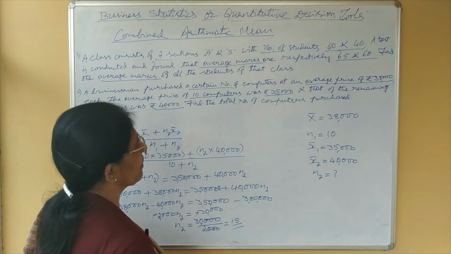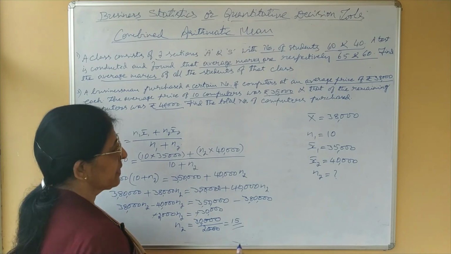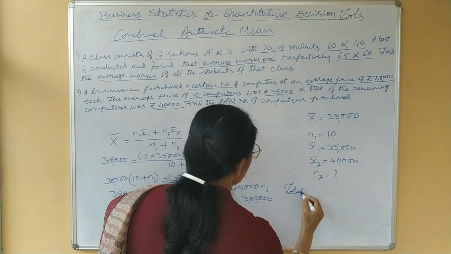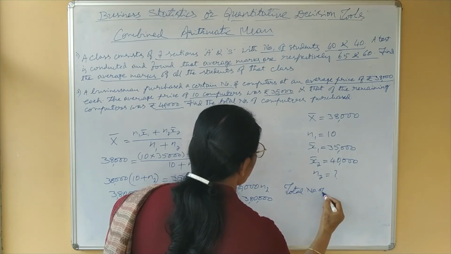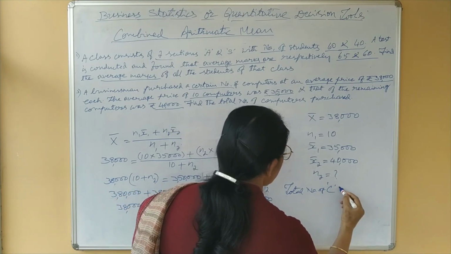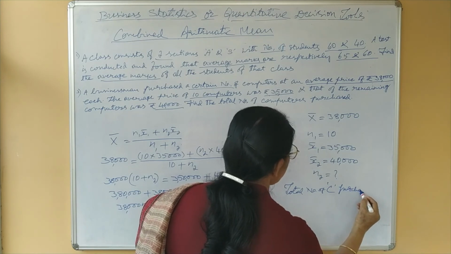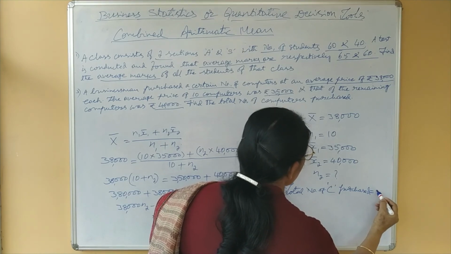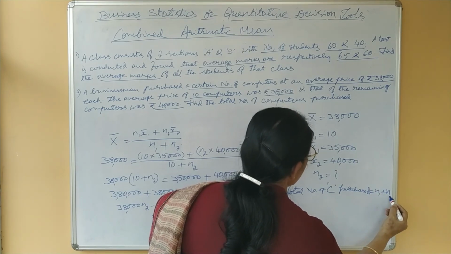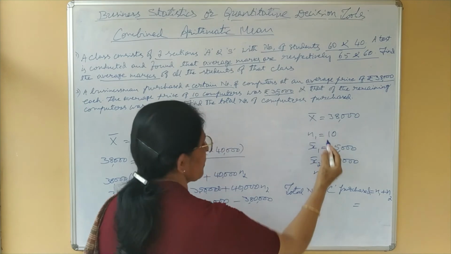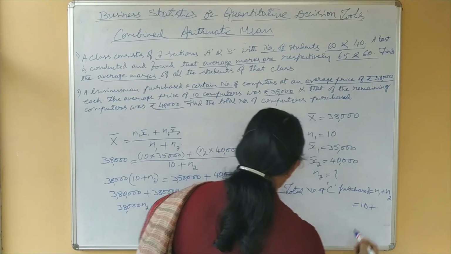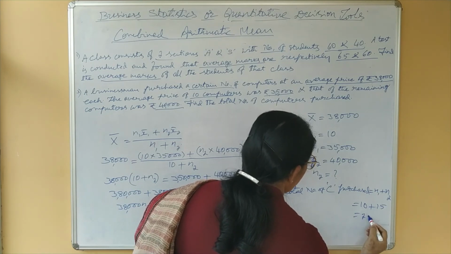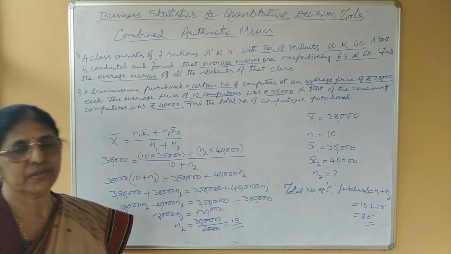Find the total number of computers purchased. Total number of computers purchased equals n1 plus n2, n1 is 10 plus n2 15.